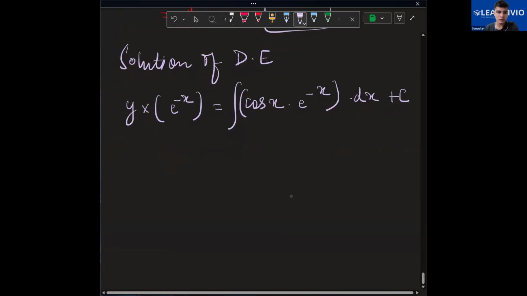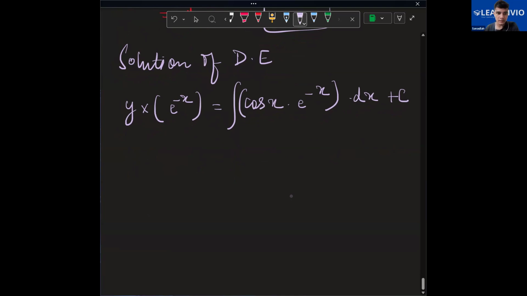Okay, so after this, what do you have to do? So this is the integration that you have to solve, and let us consider this as I. I is cos of x into e power minus x dx.